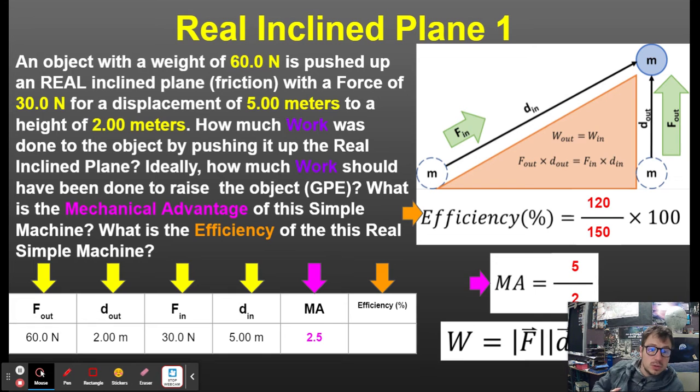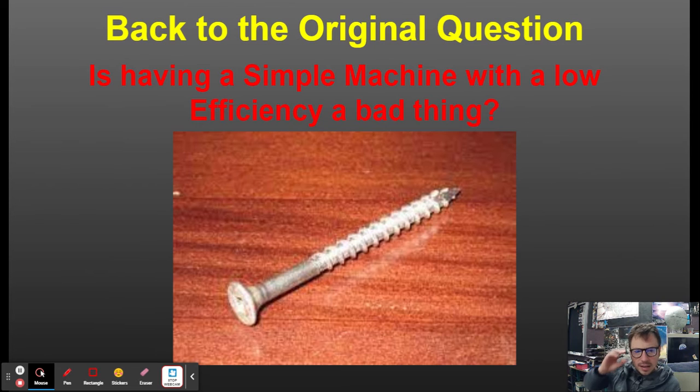So of the 150 joules that was put in, 120 went into lifting the object. The rest was dissipated as heat, as sound, like friction was causing that. So now I can calculate the efficiency. It's 80%. 80% of the energy of that work put into this machine went to lifting it. The rest was dissipated.